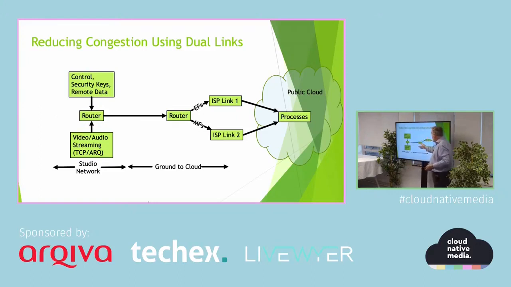We then put them into our upload router, our streaming computer, split them into EFs and MFs, and then have one ISP link go to one route, another ISP link go to another route, and then we can process in our public cloud. Remember, this is a generic solution, which shows that there's no vendor lock-in. That's what I'm trying to achieve here, avoiding vendor lock-in.